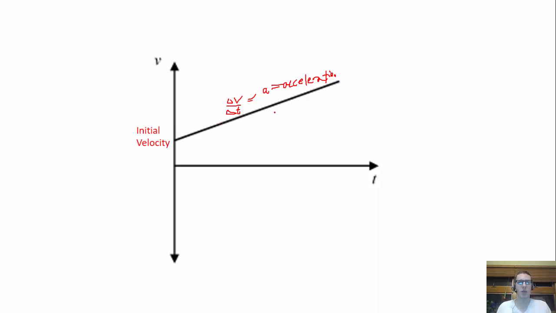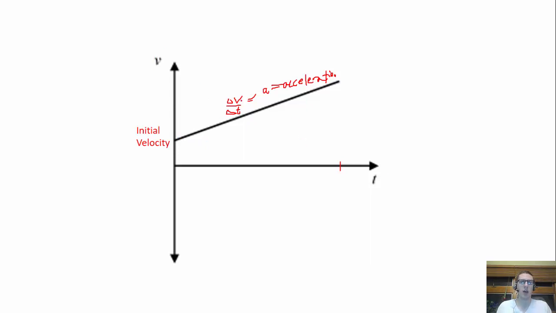And the other thing that we can get out of this is the displacement. It's how much you have changed in a given amount of time. So if we look at this time, we could figure out the displacement from the velocity time graph.